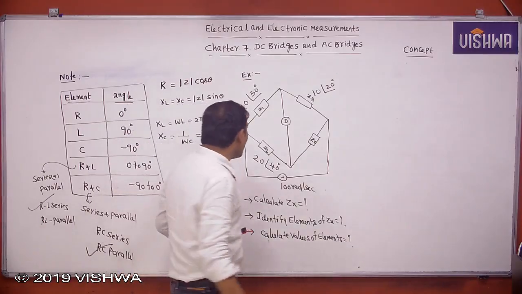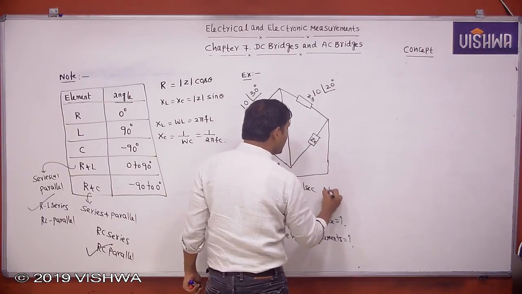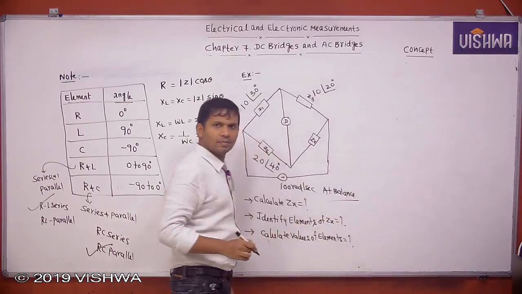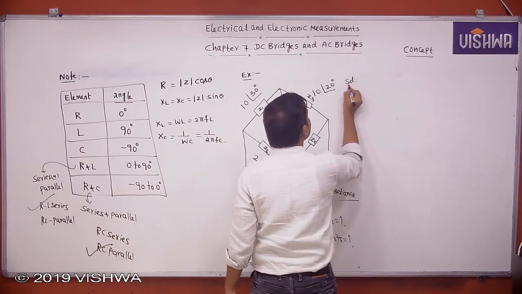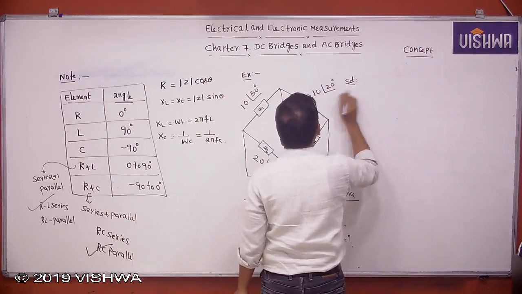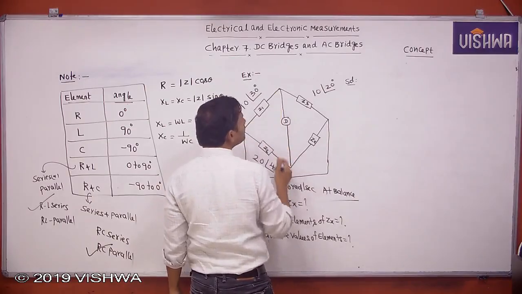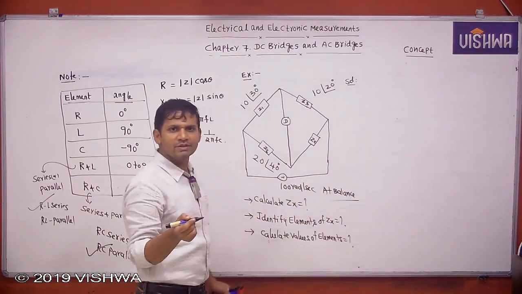Then calculating the value of ZX means this is at balance. The question is framed at balance condition only, no doubt at all. It is asking at balance. Then at balance, the product of opposite impedances are equal. This is Z3, this is Z1, Z2. At balance, the product of opposite impedances are equal.